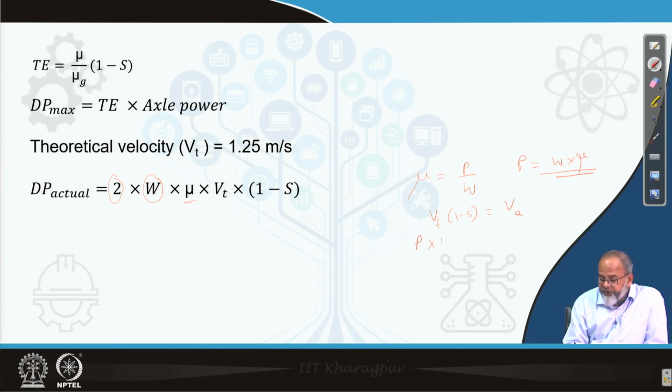So P into Va will give you drawbar power. I have multiplied with 2, that means for 2 wheels. So P into Va will give you drawbar power developed by a tractor. These are the governing equations based on which I am going to discuss.